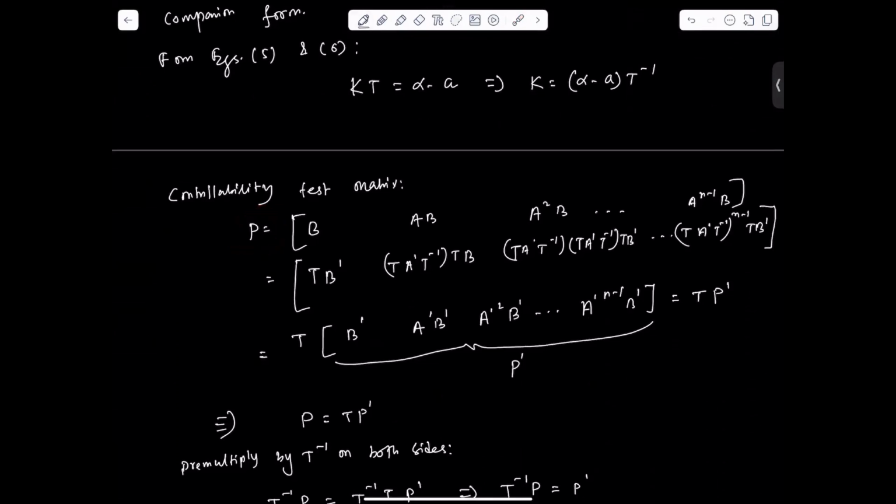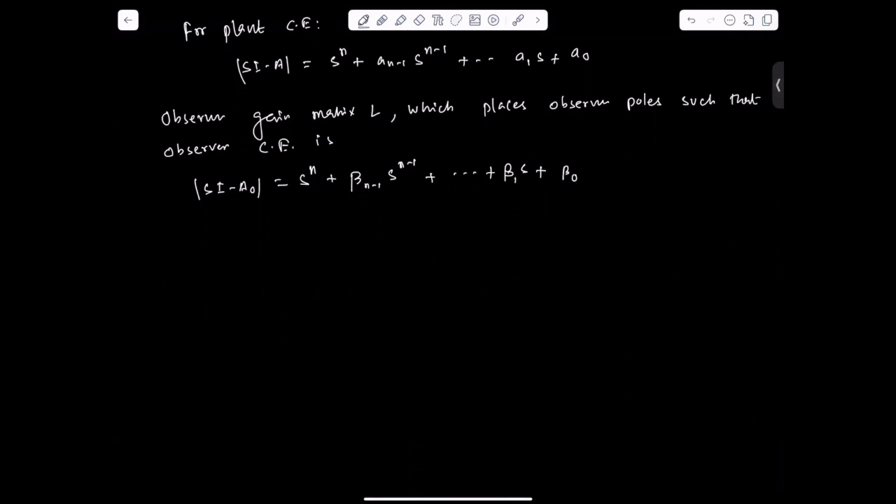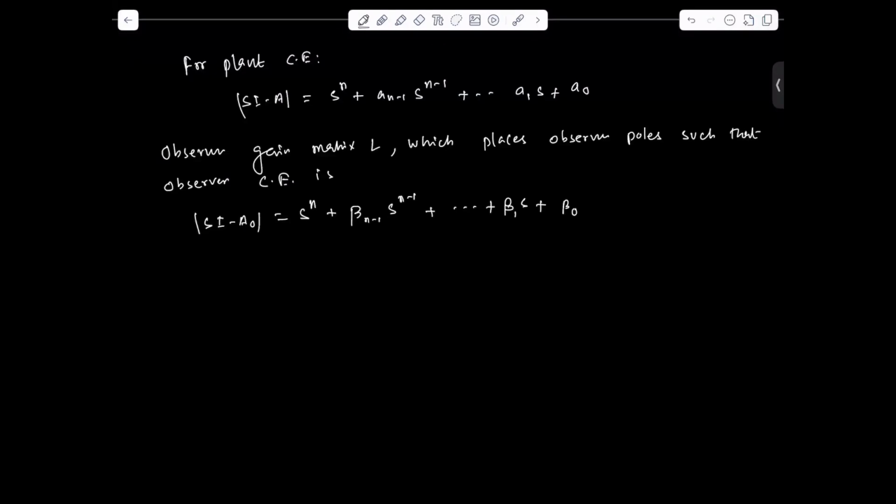And here also we have to assume the observability test matrix. I'm not going into detail on the observability test matrix.